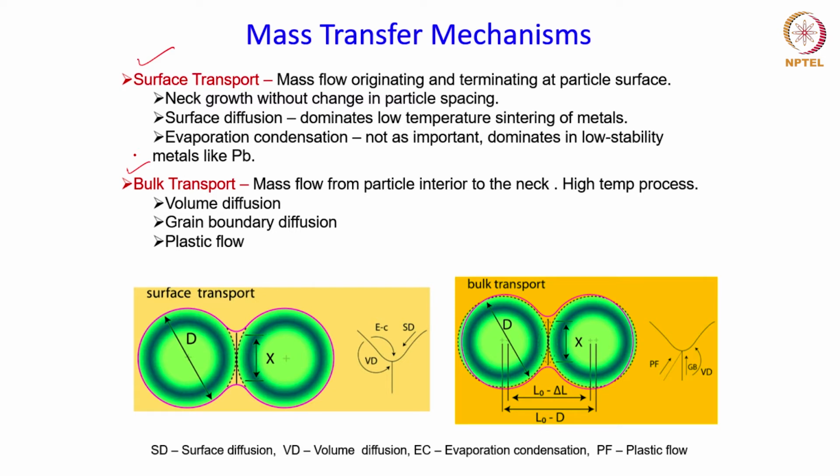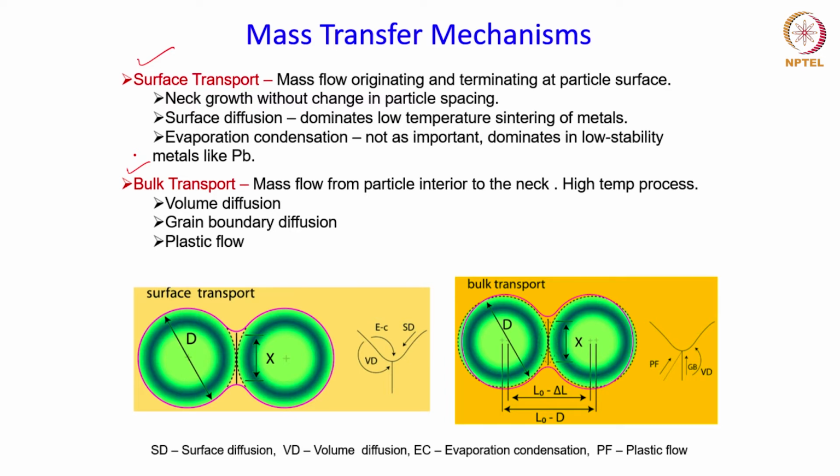Under surface transport, you have surface diffusion, which dominates at low temperature sintering of metals, and evaporation condensation. On the other side, bulk transport, which is the mass flow from the particle interior to the neck, includes volume diffusion, grain boundary diffusion and plastic flow. All of these mechanisms lead to neck growth and bonding between the particles.